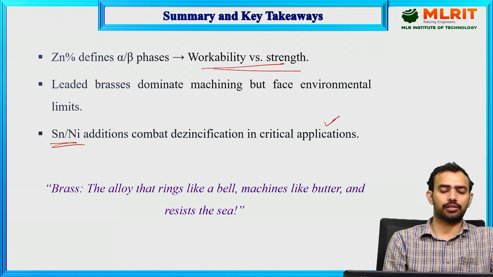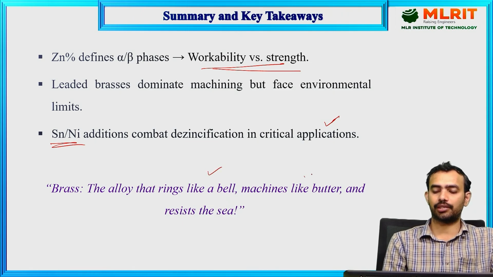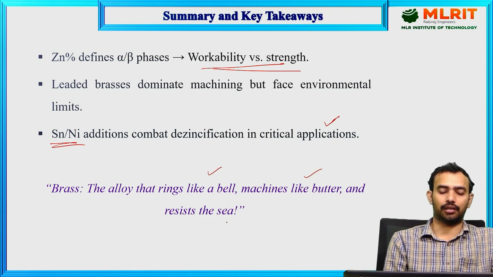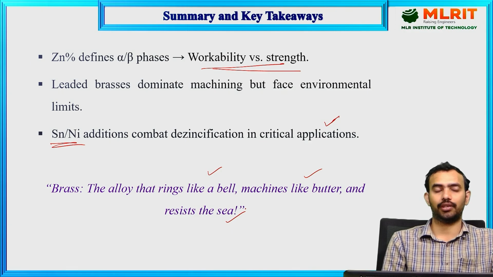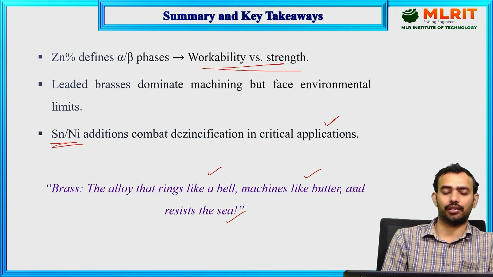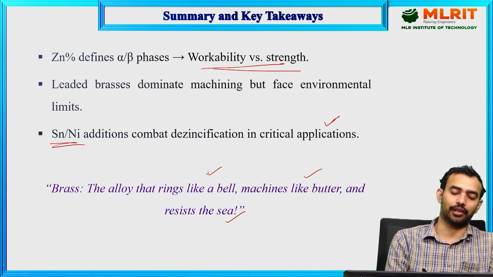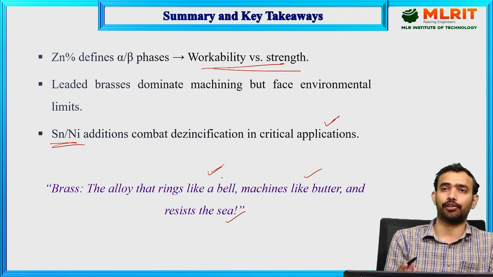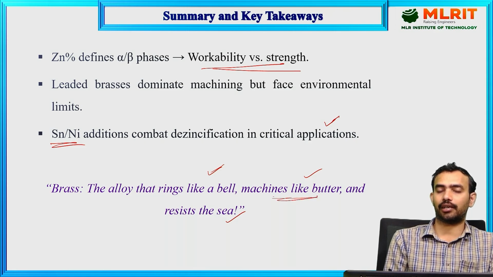So brass is the alloy that rings like a bell, machines like butter, and resists the sea. We have sea-resistant grade brass also, and in our regular household applications, the bells we use are basically made out of brass material, and in machines, its machining characteristics, if you see, it's like butter.